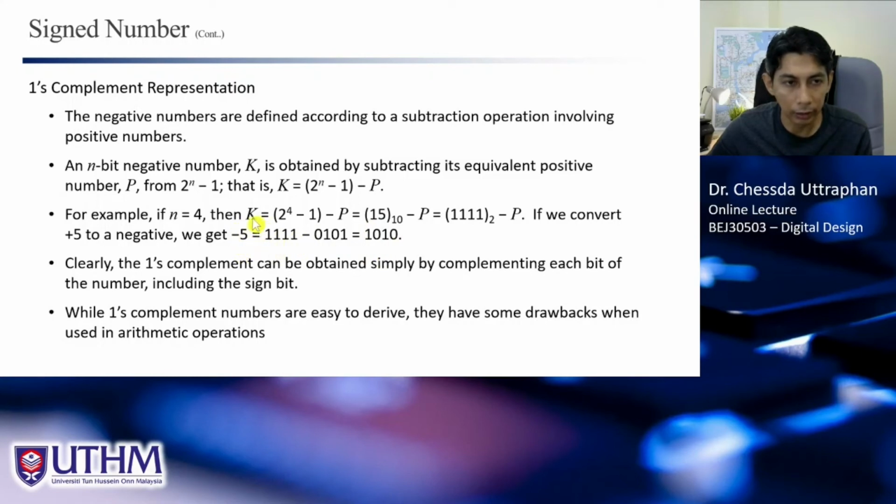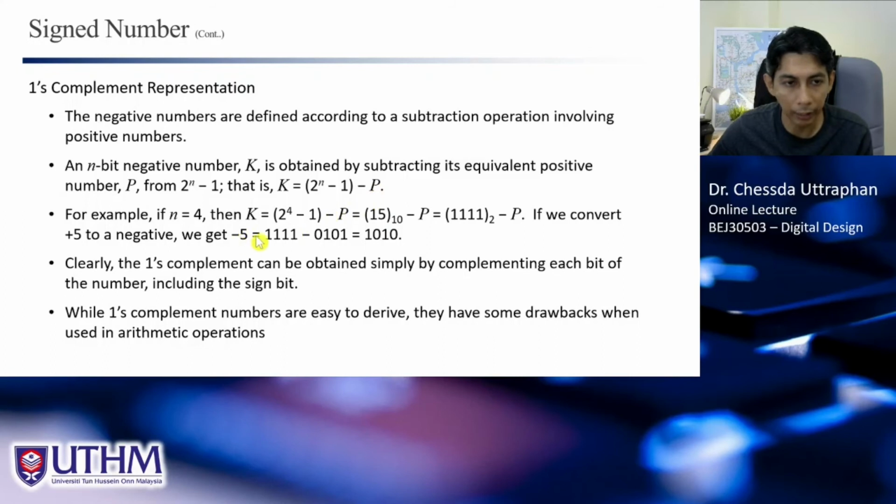Using this formula, where k, the number that we want, is equal to 2 to the power of n, minus 1, minus p, the value that we want to complement. In this case, if our system is 4-bit, n is equal to 4, so 2 to the power of 4 is 16, minus 1, which is 15, minus p.